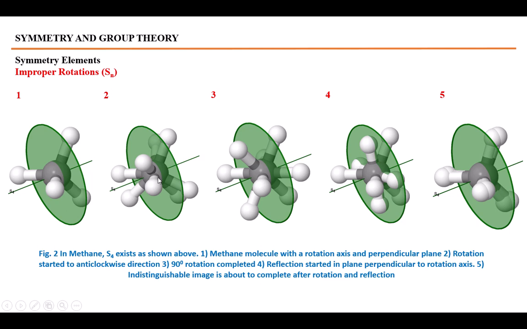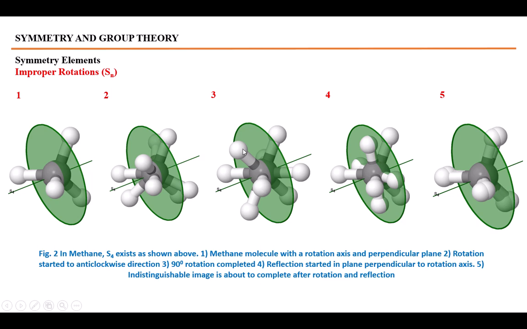We have started the rotation from this position. This is exactly the first position of the molecule. If the molecule is taken at the start like this one, and we are rotating, this hydrogen atom is taken here, this hydrogen atom will move here. The rotation started, rotation completed.